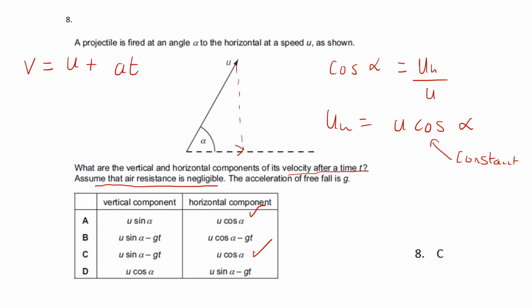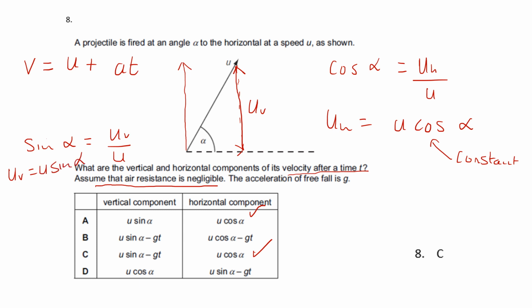Then we're going to need to put in for u the vertical component of the velocity, so we're now looking to find the opposite side of that triangle, and we know that sine of alpha is equal to opposite, so that's u vertical component over hypotenuse. So u vertical is equal to u sine alpha.